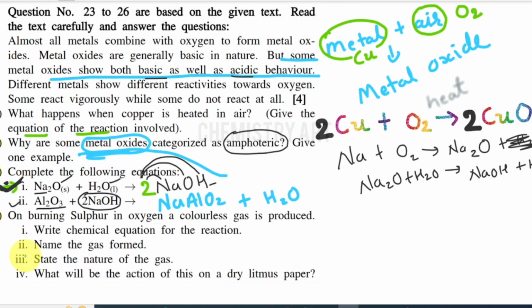And just like that, in the reaction aluminium oxide plus NaOH, you can see that two aluminiums are there, three oxygens plus the oxygen in NaOH, so the total number of oxygen is not 3.